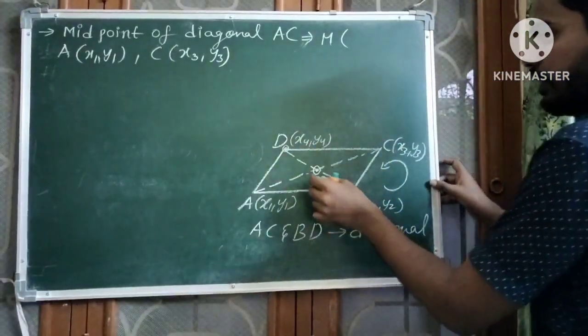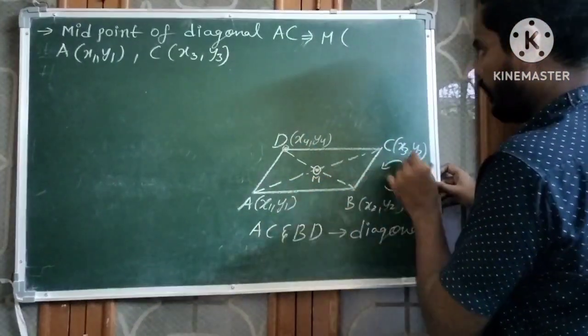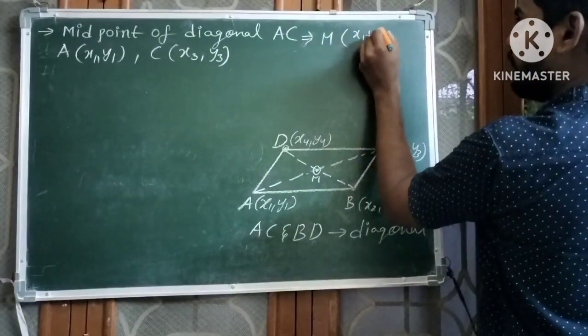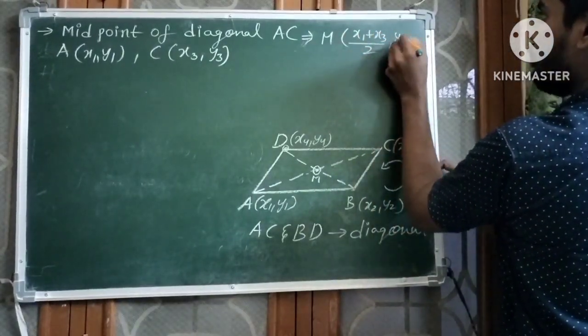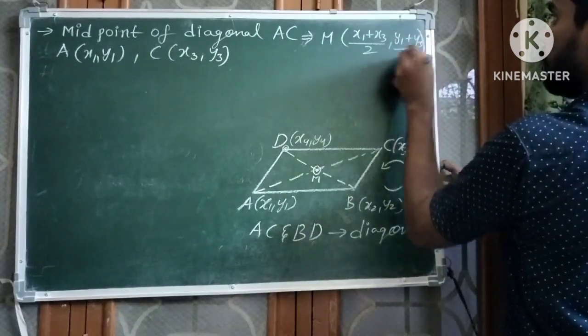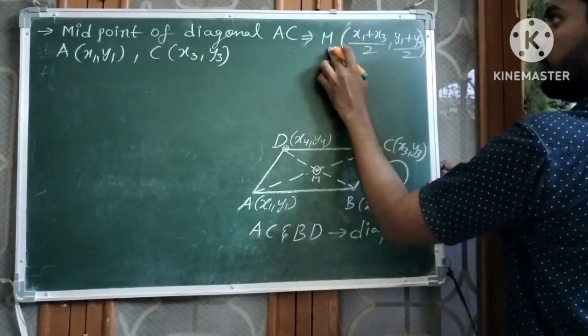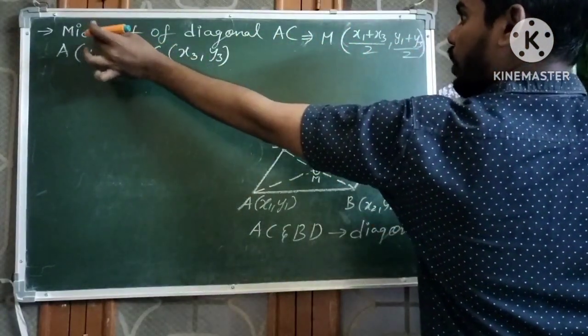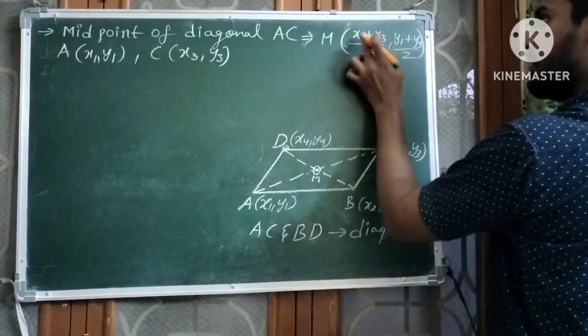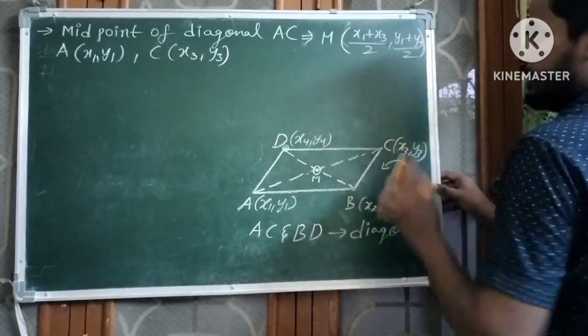Take average of x coordinates and average of y coordinates. You will get x1 plus x3 by 2, y1 plus y3 by 2. Average or mean. So coordinates of midpoint of diagonal AC is x1 plus x3 by 2, y1 plus y3 by 2.